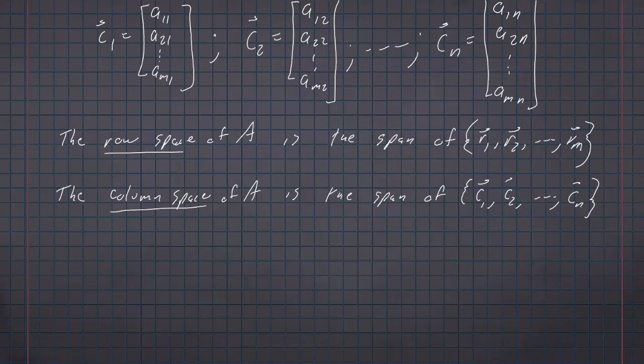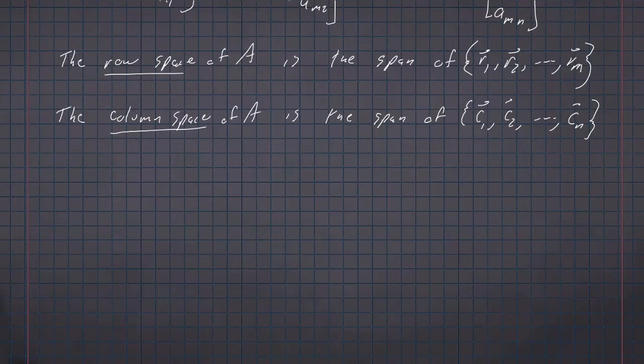It's not at all obvious that the row space of a matrix is useful. The column space is not immediately apparent either, but thanks to a quick theorem, we can see why the column space is going to be useful.